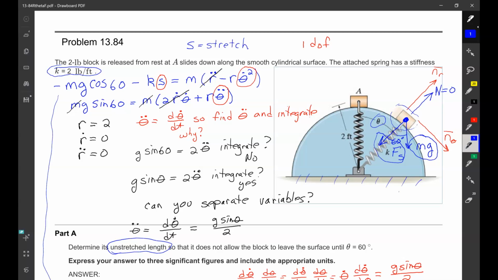Okay, so once you decide what coordinate system, now you draw in your two directions. Be careful, because they're shown in red. These red things up here are directions. They are not forces. You always find the r direction first. It points from the origin straight through the body and keeps going out. So the nr is pointed out.